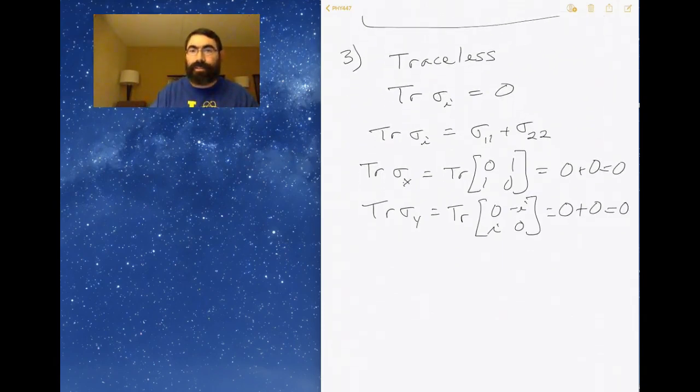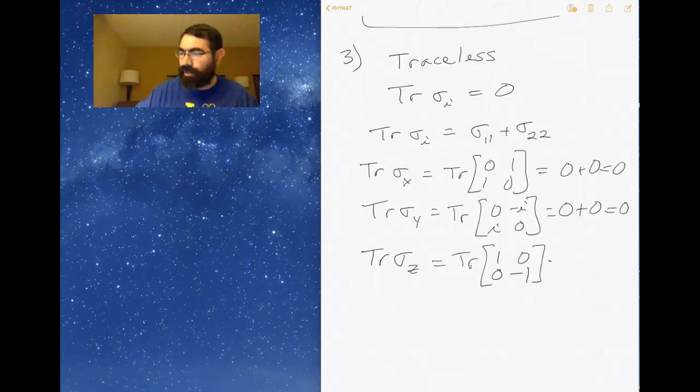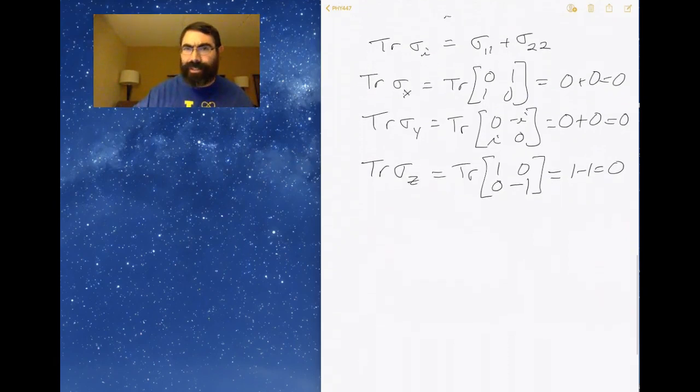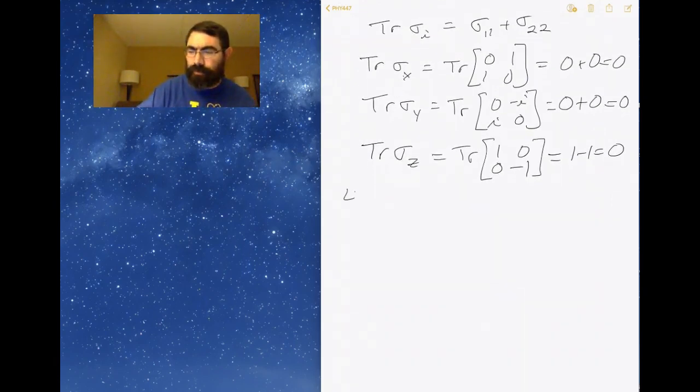So now let's look at sigma z. The trace of sigma z is 1, 0, 0, minus 1. 1 minus 1 is 0. So for all three Pauli spin matrices, they're traceless, which could come in handy if we're ever trying to diagonalize our matrices.